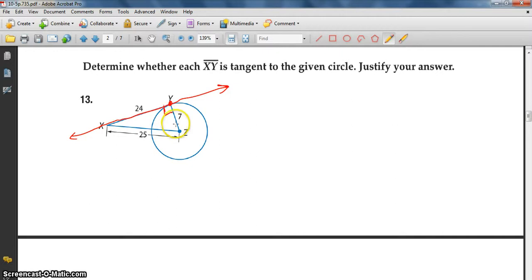So we would apply Pythagorean theorem. If a squared plus b squared is equal to c squared, that means that we have a right triangle, which means that XY is a tangent line. If it's not equal, then that means that this is some other angle other than 90 degrees, and therefore is not tangent.